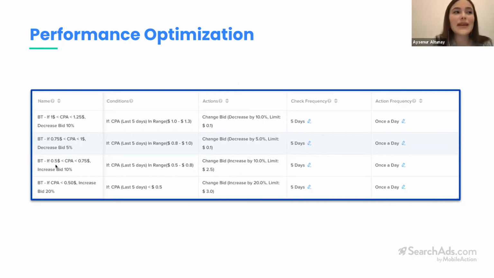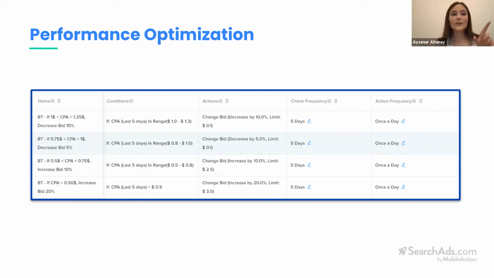And my second range is going to be if my CPA is between $0.5 and $0.75. This seems like a small range, but at this point, while selecting your ranges, you should consider your own data. You should pay attention to how many keywords each of these automations is going to cover.